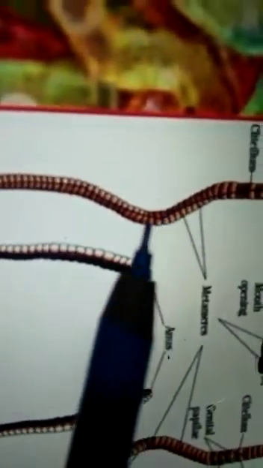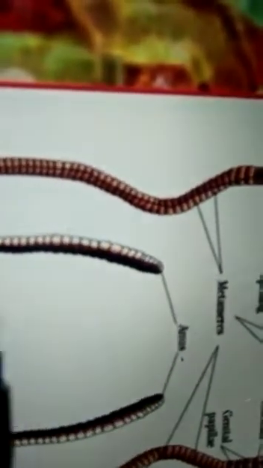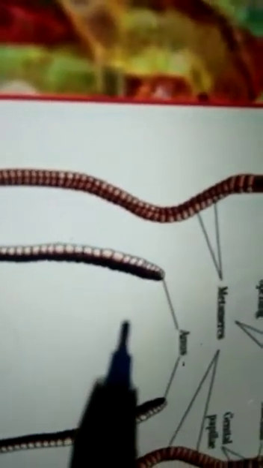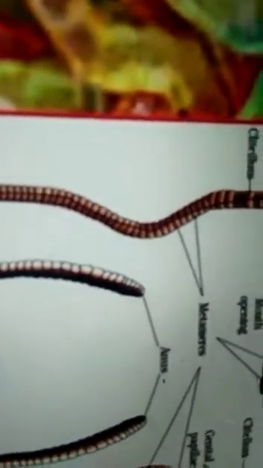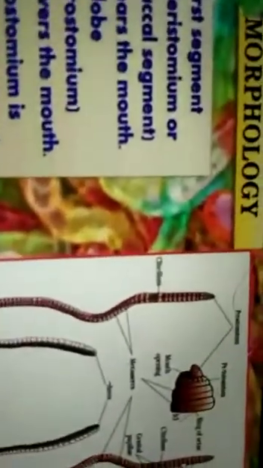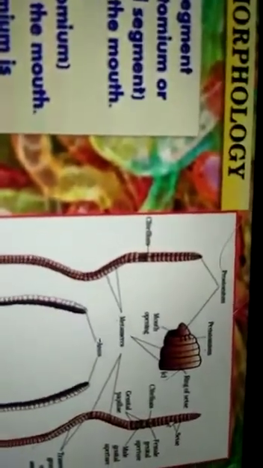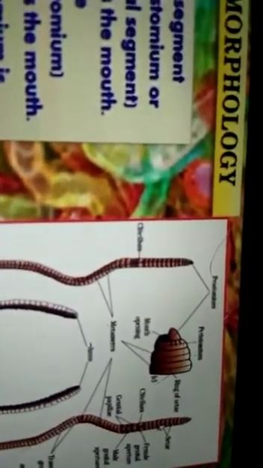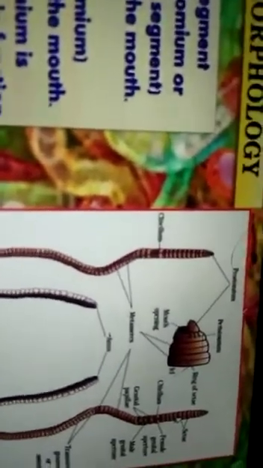These S-shaped structures and small hooks help in locomotion. They help to anchor and control movement through the mouth by moving through the soil. Thank you, students.